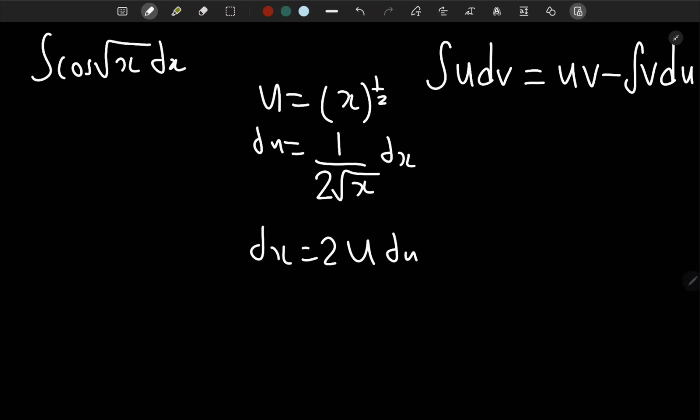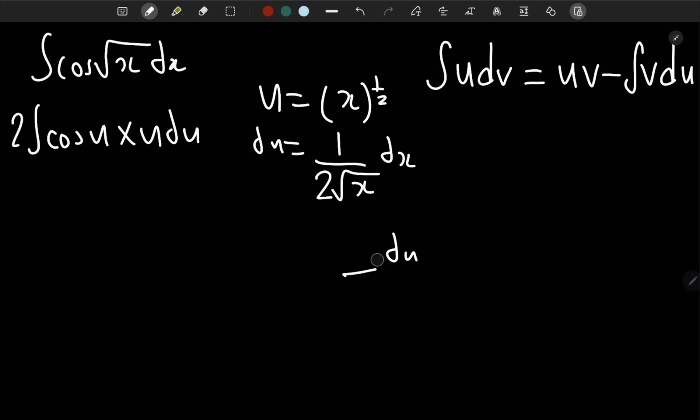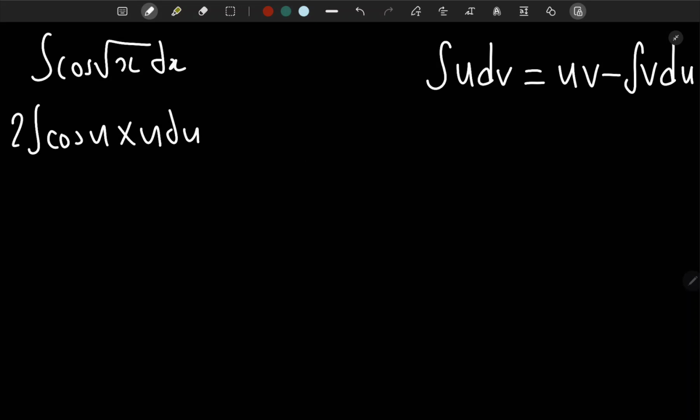So let's take 2 outside, now we have 2 into cosine u multiplied by an extra u, du, right? And I'm going to erase all this now, need more space. Now we realize that we can use the tabular method since we have a polynomial u here. So let's do that now.